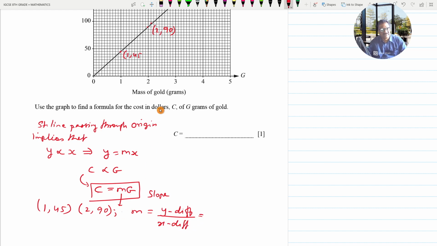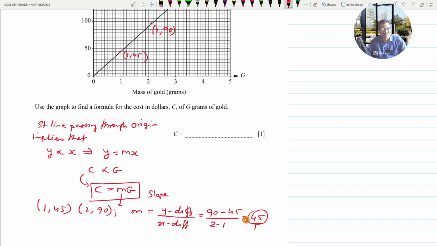So y difference is 90 minus 45, divided by x difference 2 minus 1. 90 minus 45 is 45, and 2 minus 1 is 1. So this is your slope.